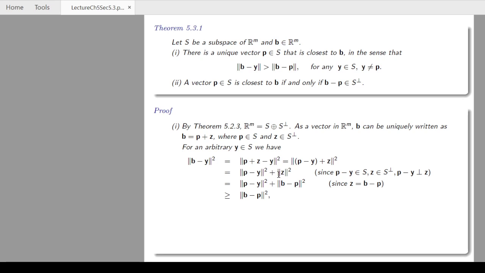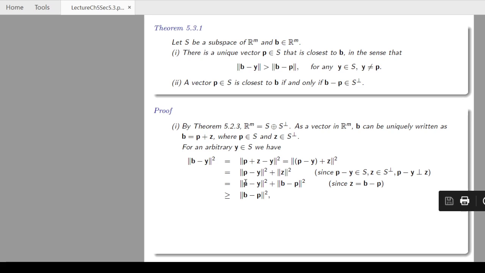Now for this, we substitute Z by B minus P. This is gathered from the representation. We have B equal to P plus Z. So both sides minus P, then we get B minus P equals Z. So we do this substitution.